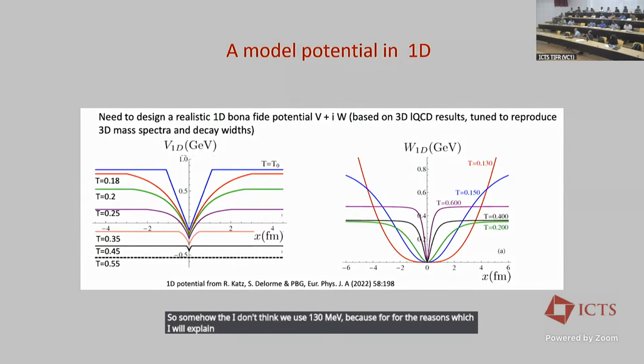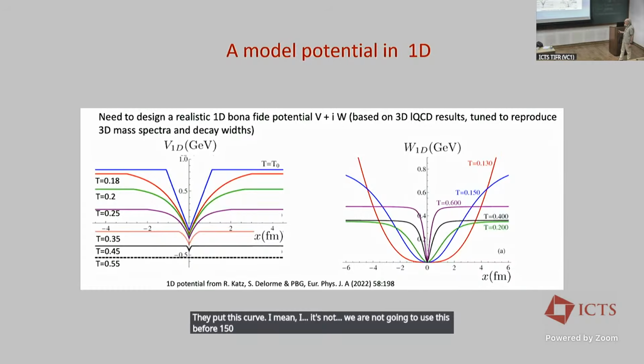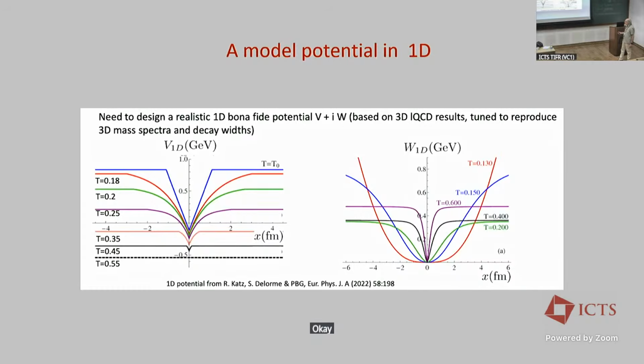But just for the form of the potential, the imaginary part becomes very large at large x. At low temperature, I don't think this is very physical, and I don't know why they put this curve. We are not going to use this below 150 or 200 MeV. I'm not responsible for that.